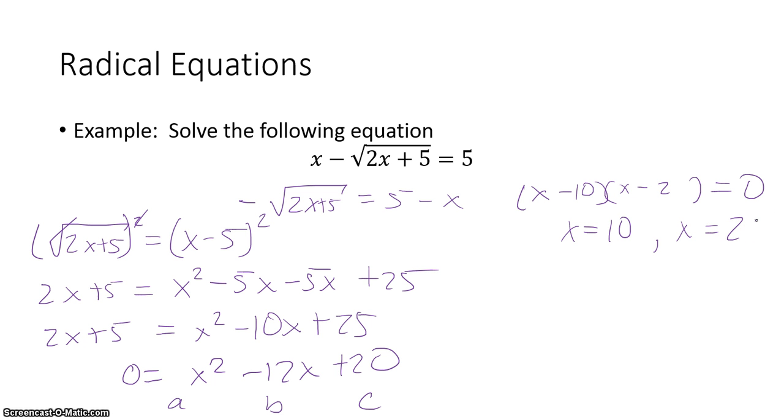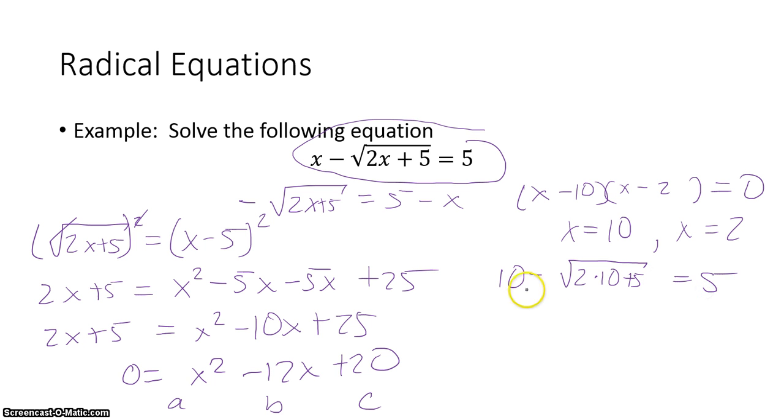Again, this is a radical equation, so I need to double check both of these answers. And I always want to go back to the original equation to check. So 10 minus the square root of 2 times 10 plus 5 equals 5. 10 minus 5 equals 5. Good, that one works.